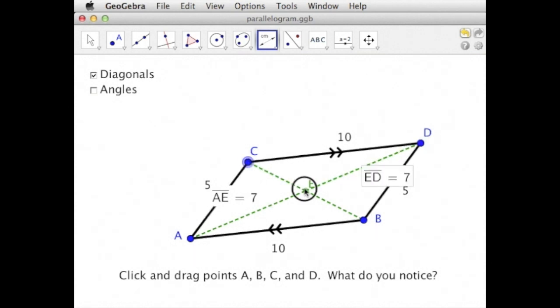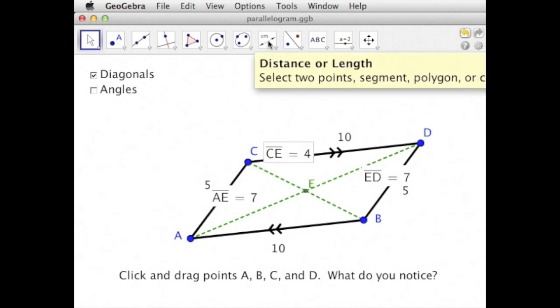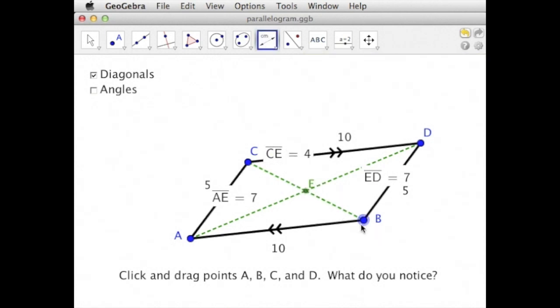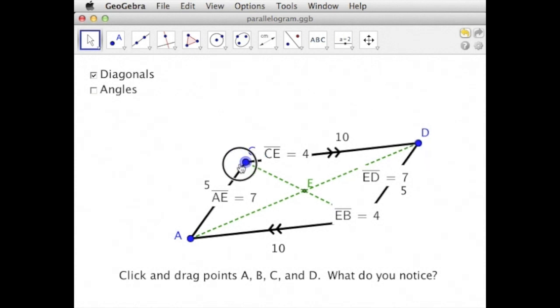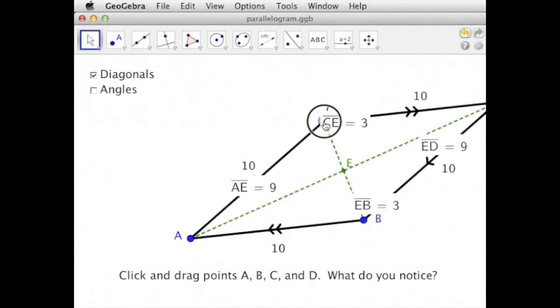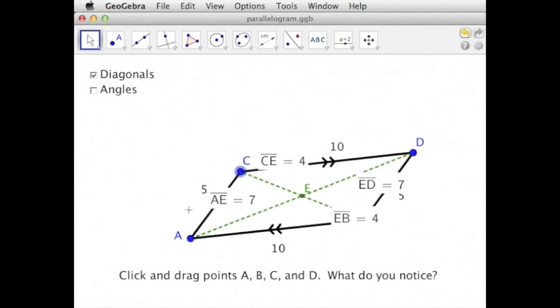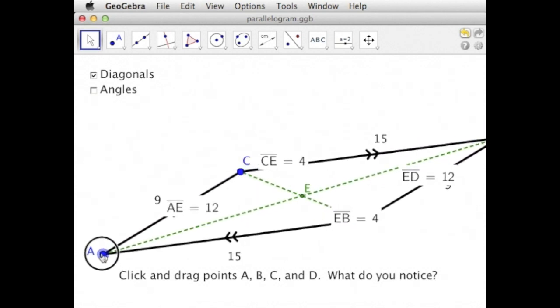From C to E is 4, and from E to B is also 4. And that's true regardless of what the original shape looked like. Let's move this around a bit. So the diagonals will always bisect each other in a parallelogram.